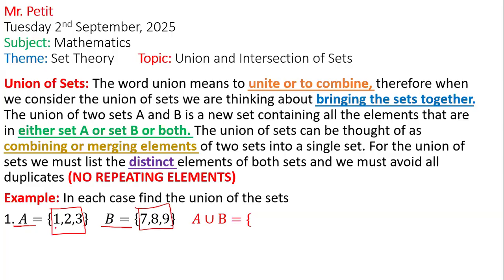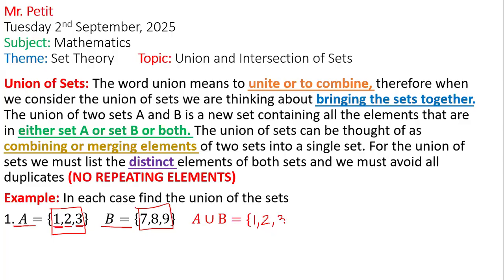So 1 goes into the union. We're going to put 2 in the union because 2 is a part of A. We're going to put 3 in the union.